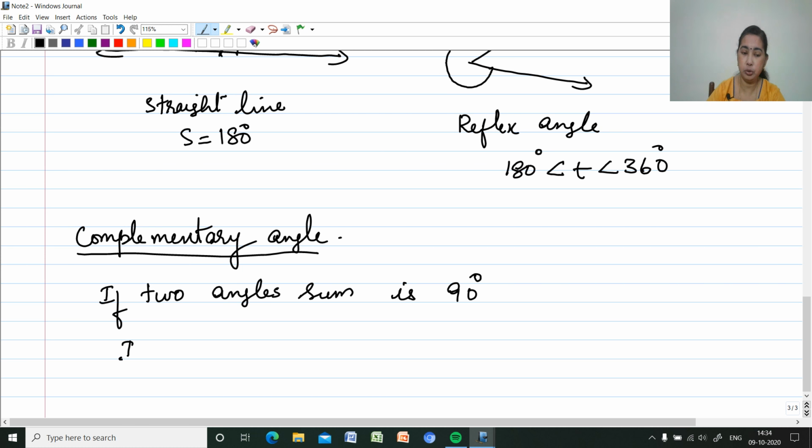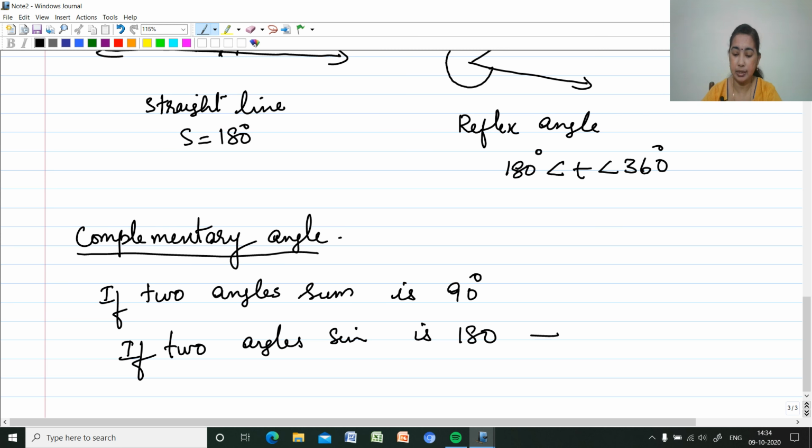Whereas if two angles sum to 180 degrees, we call them supplementary angles. So if the sum is 90 degrees, they are complementary, and if the sum is 180 degrees, they are supplementary angles.